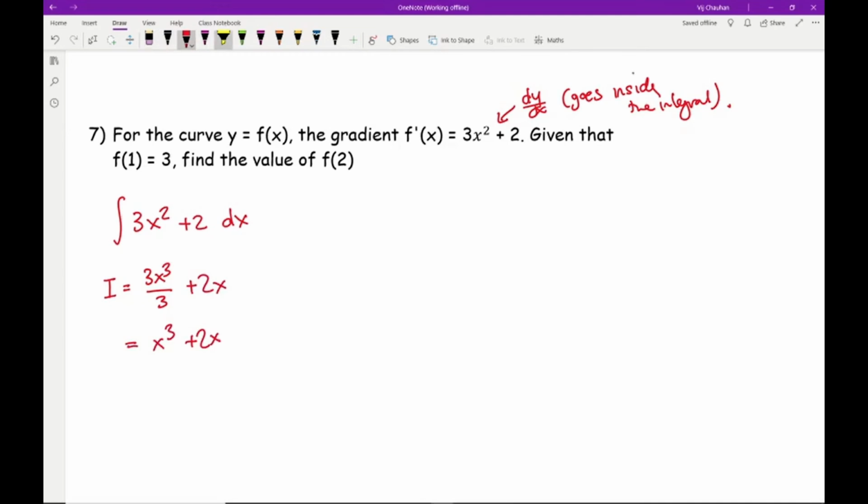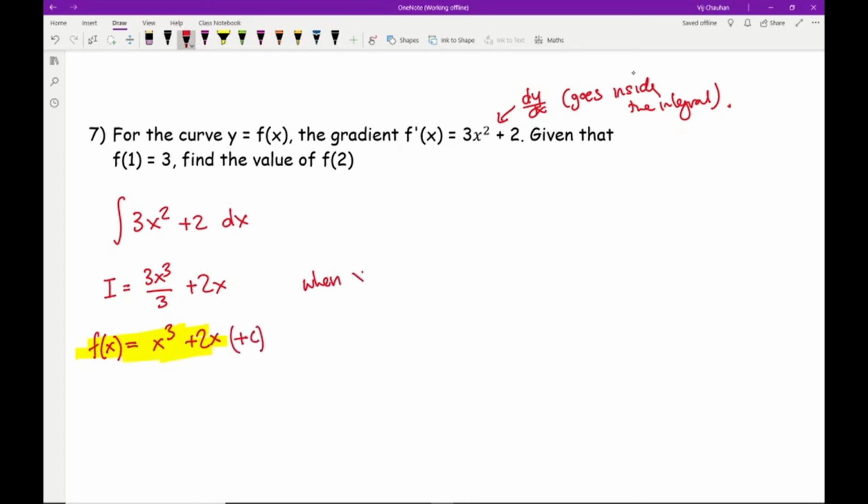Now this is my f of x, because I've integrated it. In terms of the plus c, I won't necessarily need it, because obviously it's given me this. Well, I do need my plus c, rather.